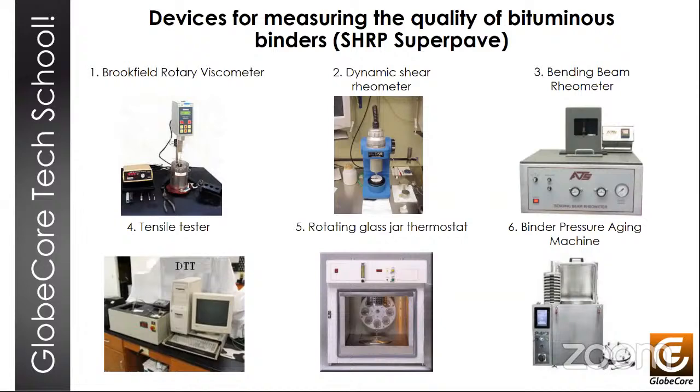The principle here is to measure the physical resistance of the bitumen layer located in the gap between the rotor and stator, its resistance to shear at a certain rotor speed. So the viscosity is automatically measured from the known torque and known rotational speed. And it's accepted that the viscosity of the binder at a temperature of 135 C for all binders should be at least, or ideally better than, 3 Pascal seconds.